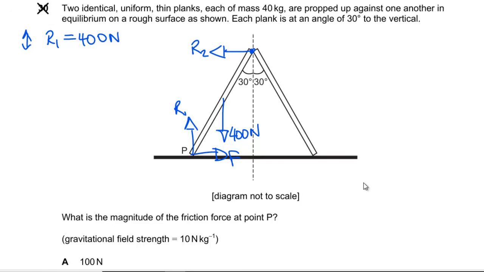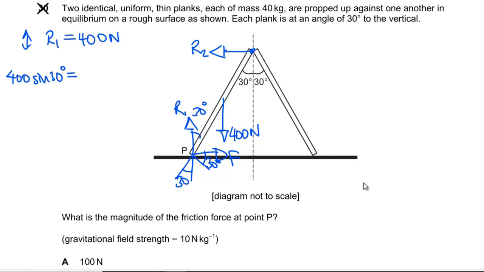So we've got a going, what's that going to be, clockwise, isn't it? Let's get our angles in the right place. That's 30 degrees, and that means also that that is 30 degrees. So going clockwise, we've got 400, that's our R1, sine 30 degrees.